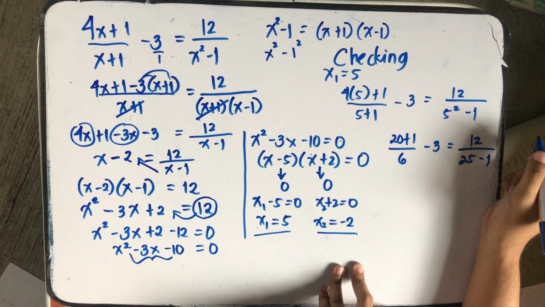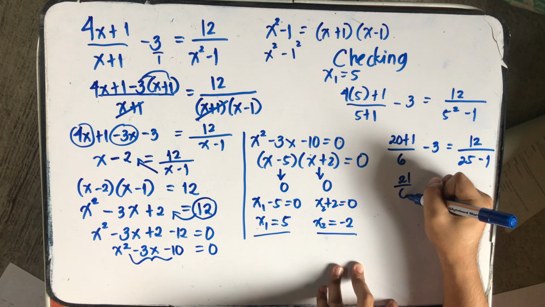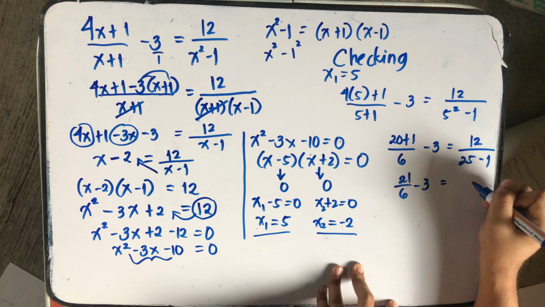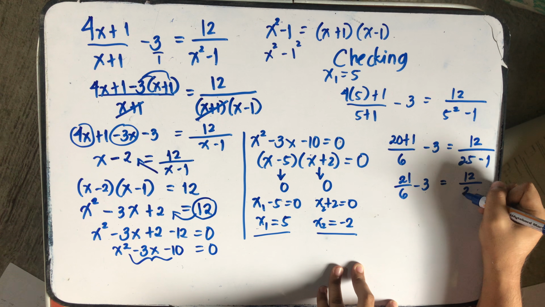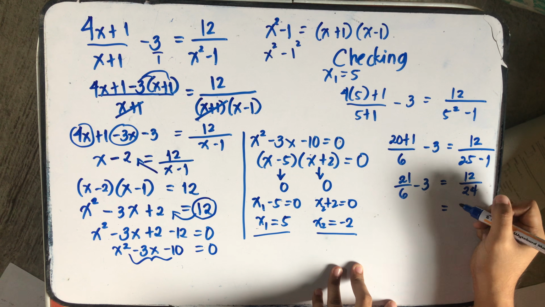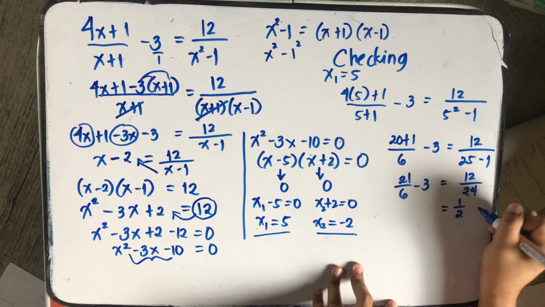Therefore, this becomes 21 over 6 minus 3 is equal to 12 over 24.